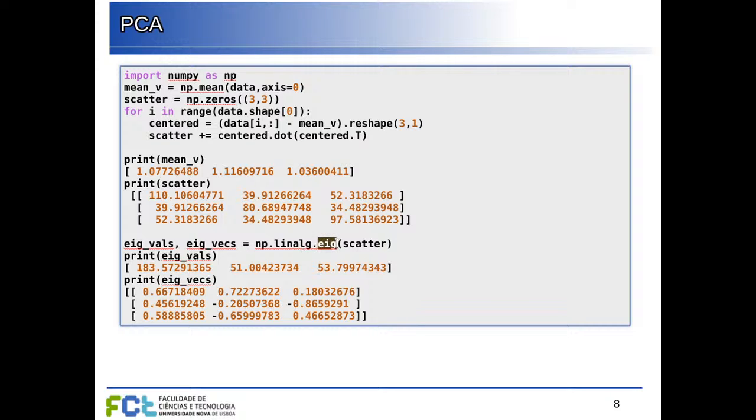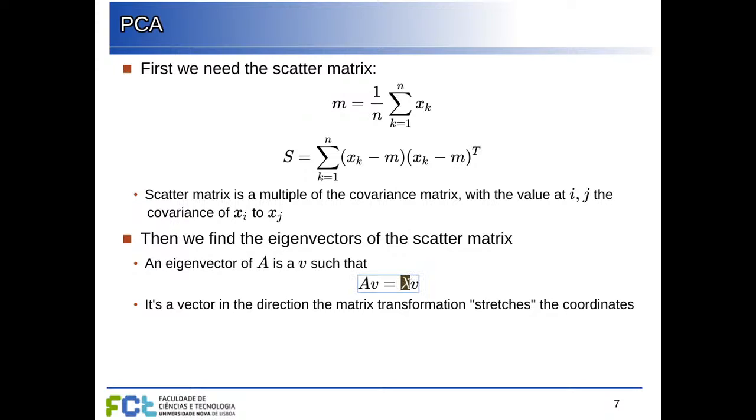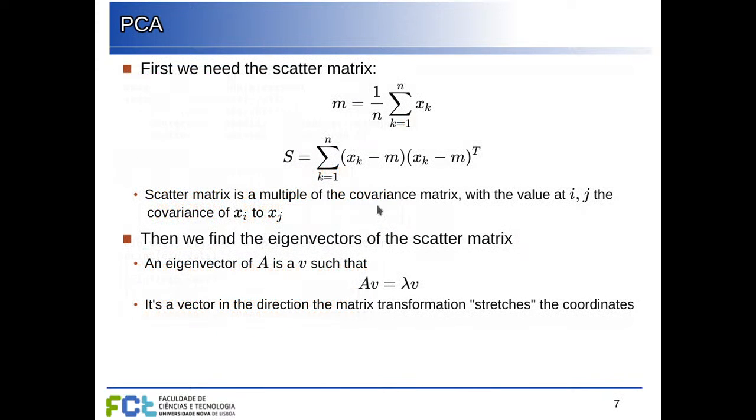So we get the eigenvectors from this linear algebra module, and the eigenvalues are these scaling factors here. So by how much the matrix is stretching the vector in that direction, and the eigenvectors are the directions which correspond, which respect this equation here.